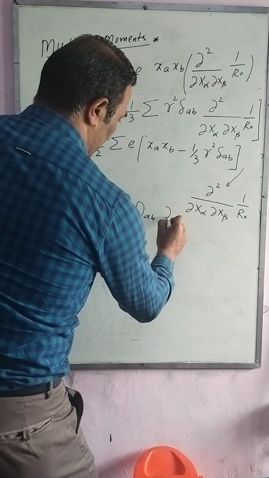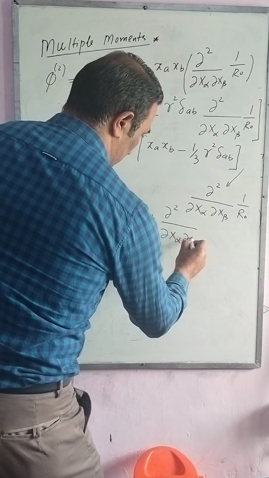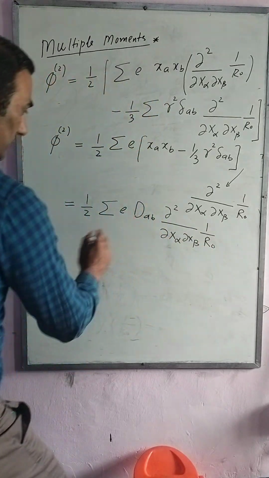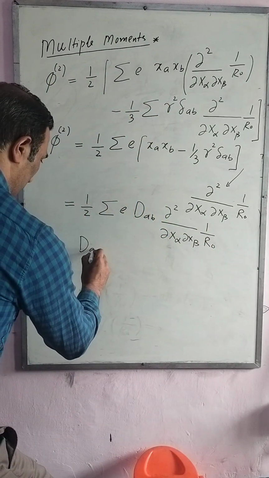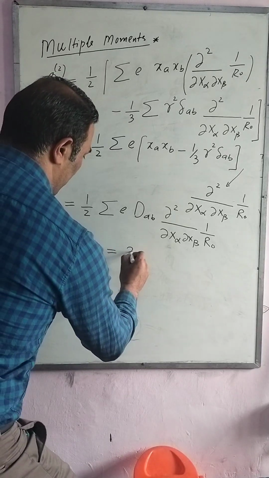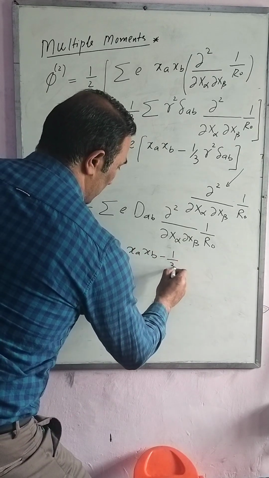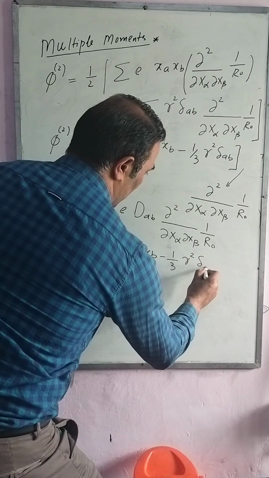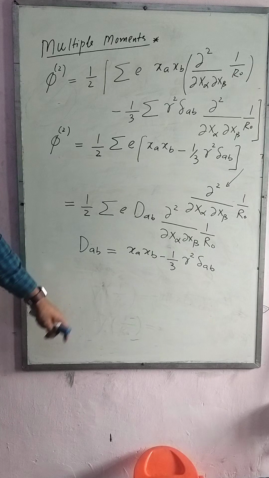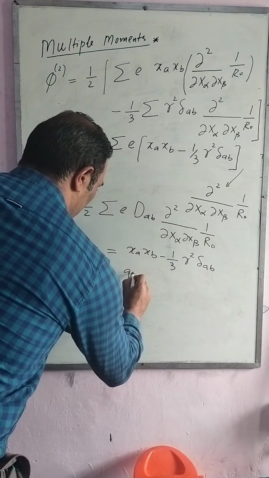And partial 2 upon, so that means this D of AB is equal to x a x b minus 1 by 3 r square, right? And this D AB is our quadrupole moment of the system. So this is our quadrupole.